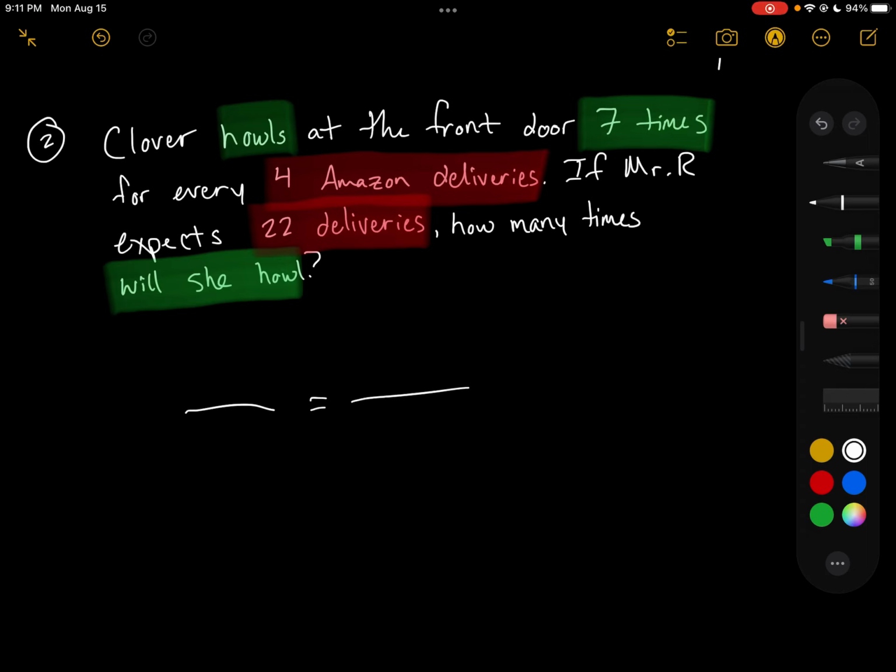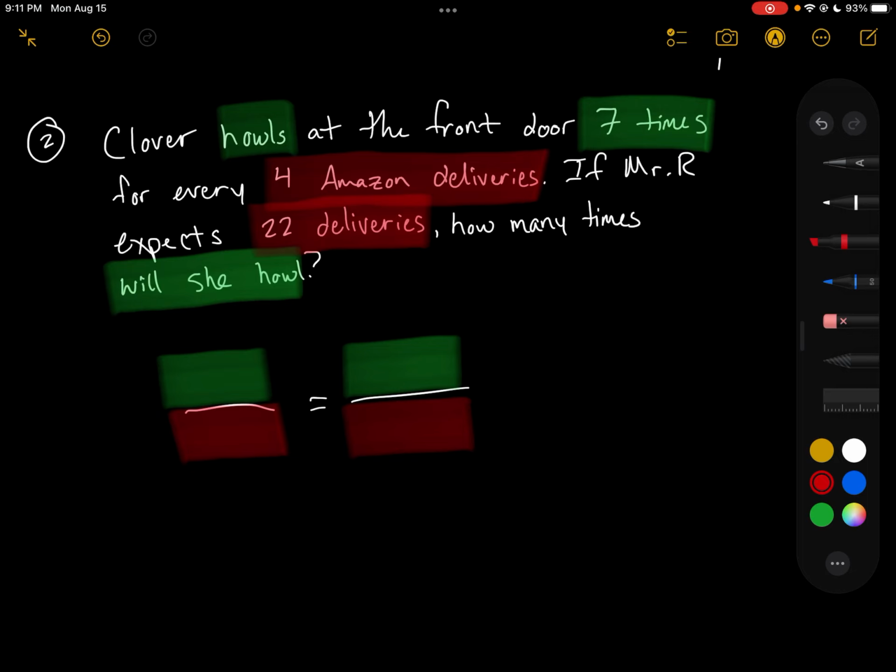If we are going to set up our proportion here, we just want to keep the same units on the same side. So for our numerators, we can put howls, and for our denominators, we can put our Amazon deliveries in red. A nice Christmas theme here.